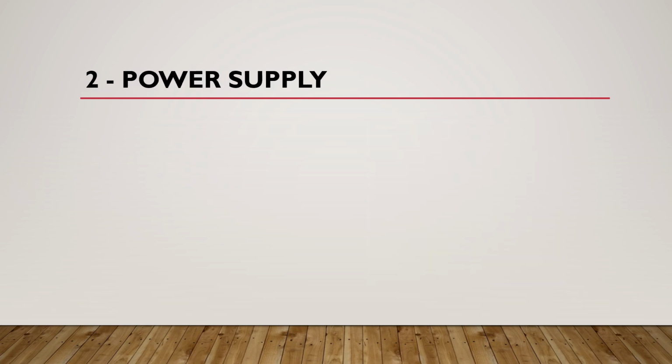Now we will understand the second scheme, which is two power supply. In this case, the circuit diagram will look like this. Here we have VCC, here we have RC, here we have RE, and here we have VEE, and here we have RB, and it is grounded.